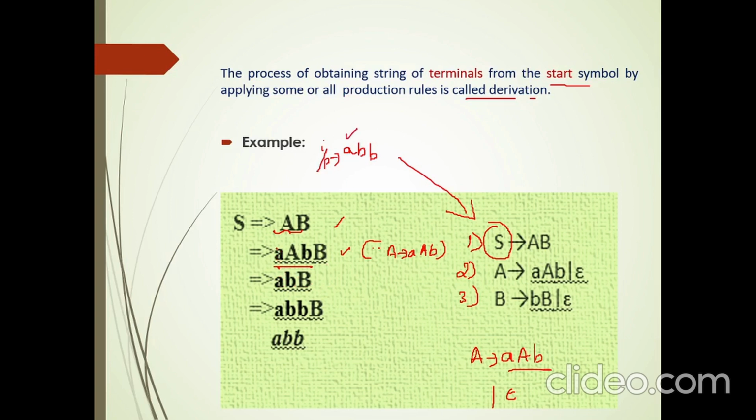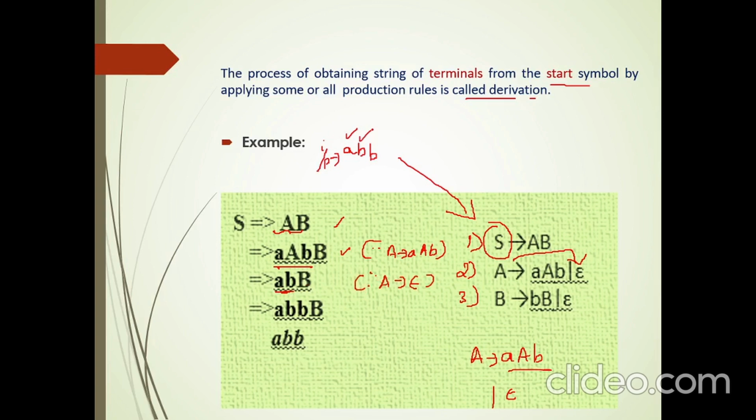Next I have to get B. The best possible for A is to vanish it, so I choose the production rule of A gives epsilon, and I get AB. This I got by applying A gives epsilon.